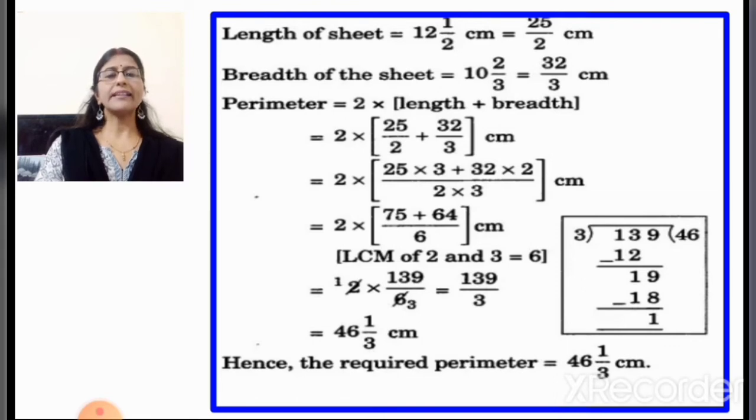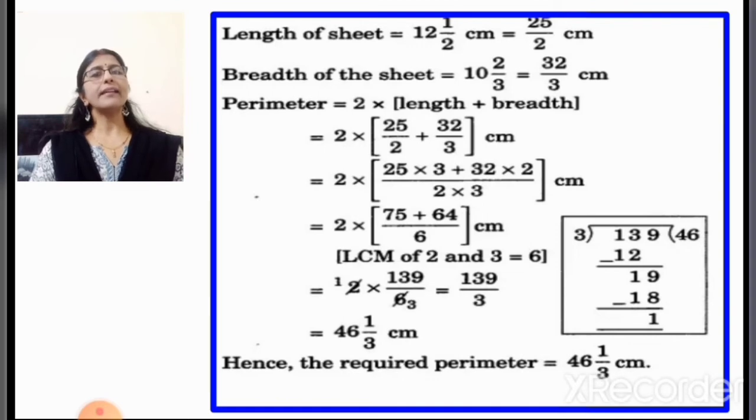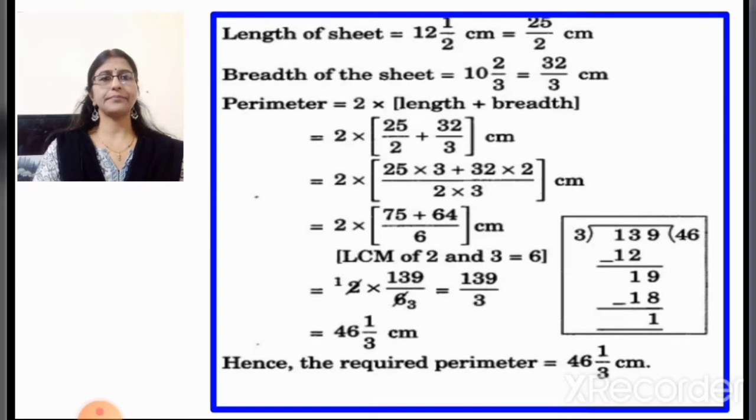So, now we will write the next step. 2 multiplied by 139/6. Now, 2 and 6 can be reduced. You can see here it is reduced. 2 1s are 2 and 2 3s are 6. You have learnt it. So, you will reduce it and write 139/3. Now, the answer is 139/3.